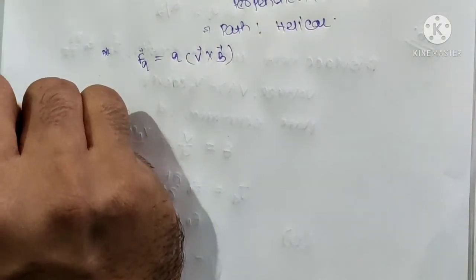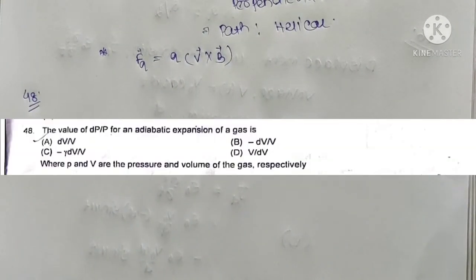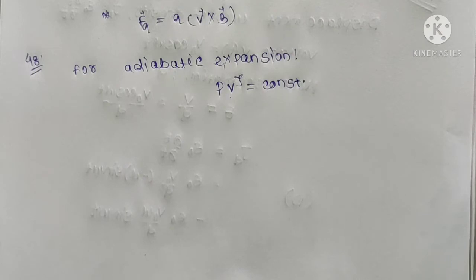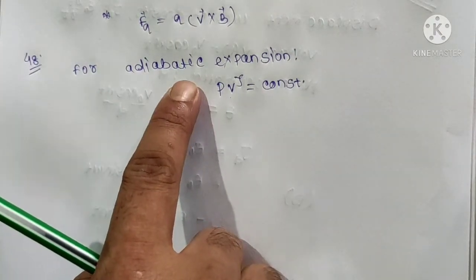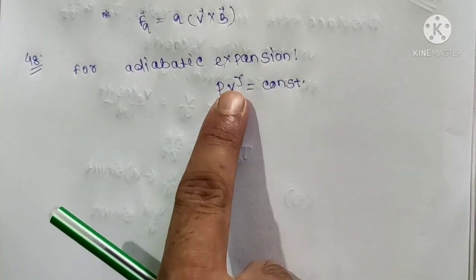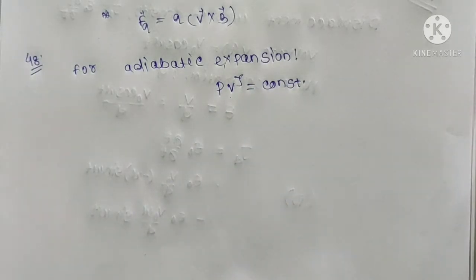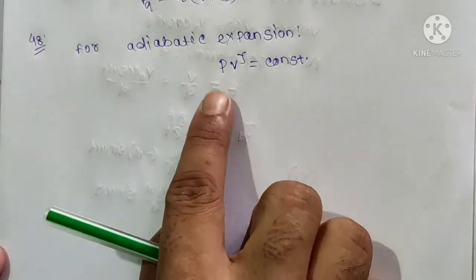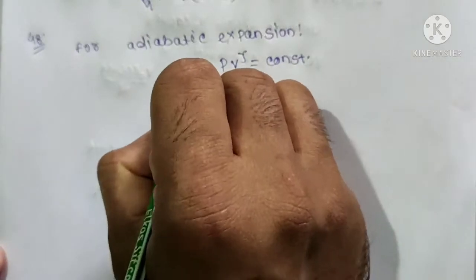Question number 48. The value of dP by P for an adiabatic expansion of a gas is. Look, for adiabatic expansion we know that P V to the power gamma equal to constant. Now we have to find dP by P. So do the differentiation of the equation.